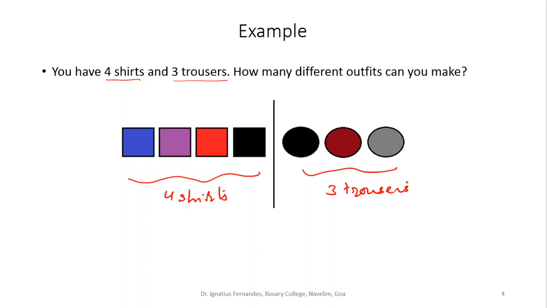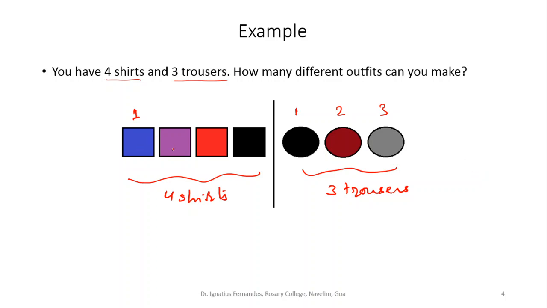So what I'll do is, I can wear this first shirt, the blue shirt, with any of these trousers. If I wear it with the first trouser, then it will give me one outfit. If I wear it with the second trouser, I'll get another outfit. And if I wear it with the third trouser, I'll get another outfit. So depending on which trouser I wear this blue shirt with, I have 3 options or 3 outfits.